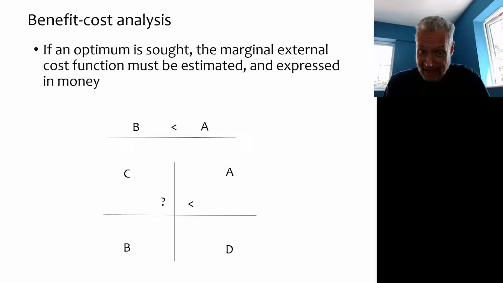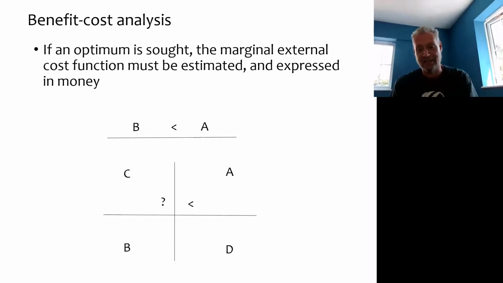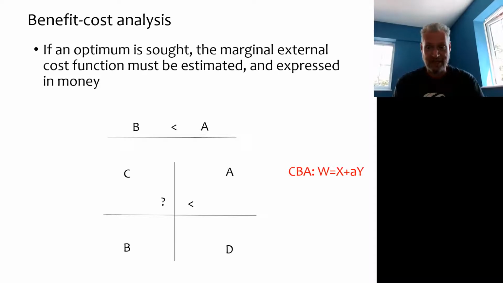So you cannot say that C is better than D. You cannot say that C is more than D or the other way around. You just can't say. Now what you do in a cost-benefit analysis is you essentially linearize this problem. You say that we introduce some additional indicator, some indicator W, that measures how much we care about things.